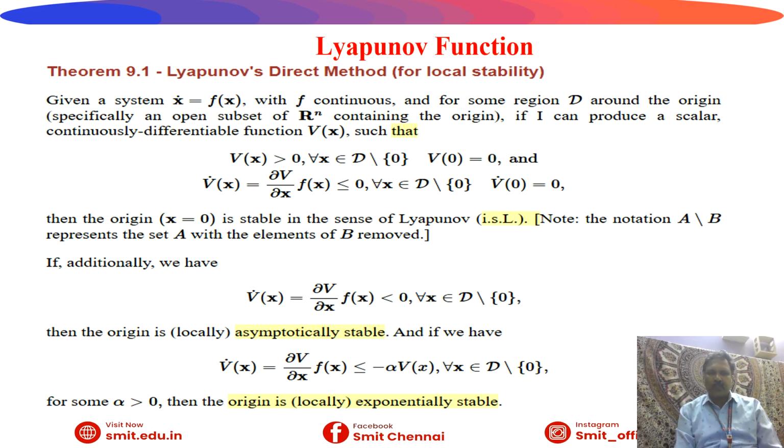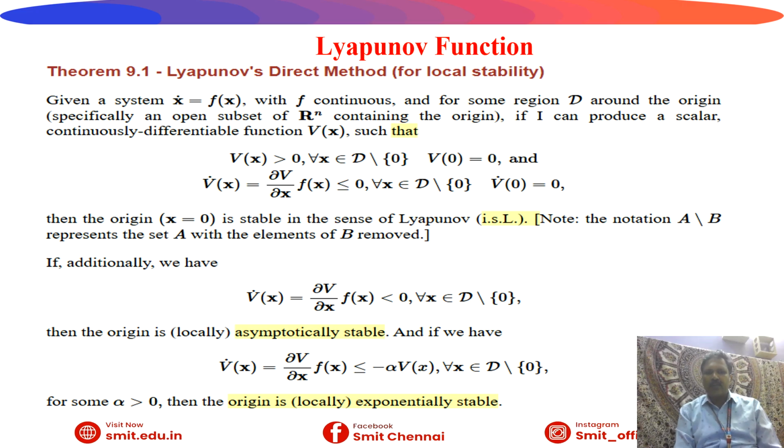For a given system, x dot equal to f of x, with f continuous, and for some region around the origin, if we can produce a scalar continuously differentiable function V of x such that V of x is greater than 0, and V dot, the differential of V, equal to dou V by dou x times f of x, is less than or equal to 0, then the origin x equal to 0 is stable in the sense of Lyapunov.